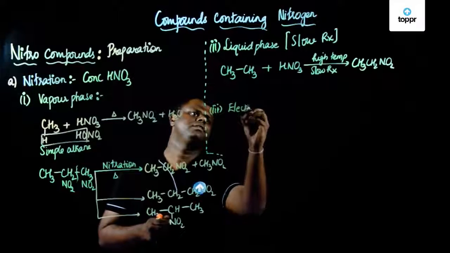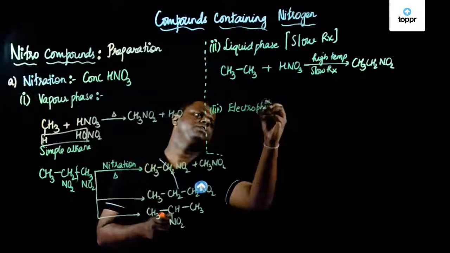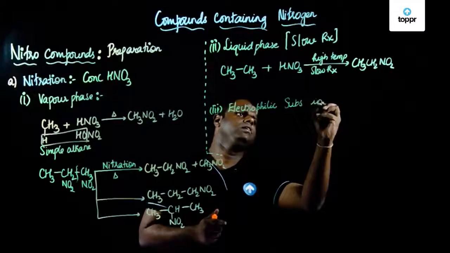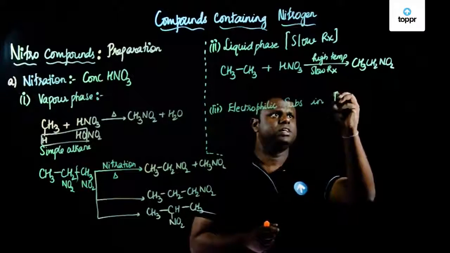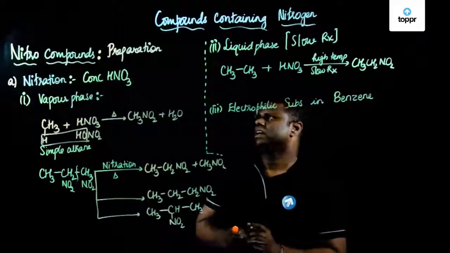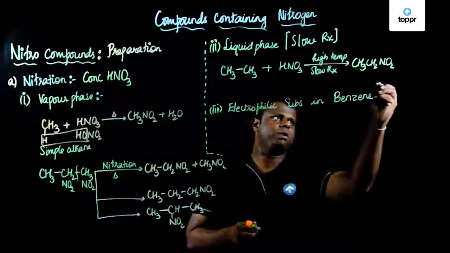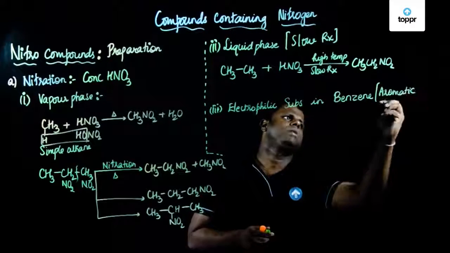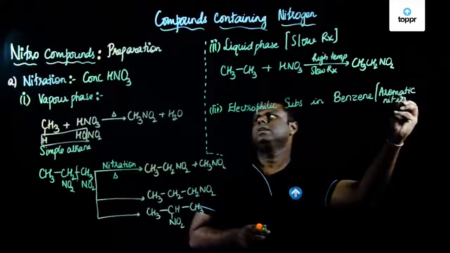Okay, so the third method of preparation is basically electrophilic substitution in benzene. This is going to be the method of preparation of aromatic nitro compounds. So we would be getting aromatic nitro compounds.